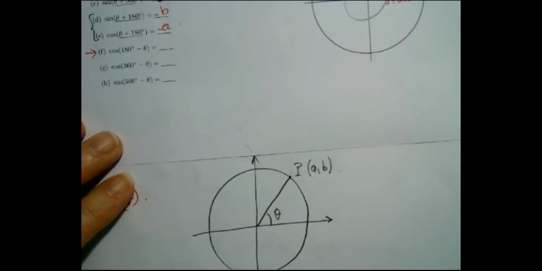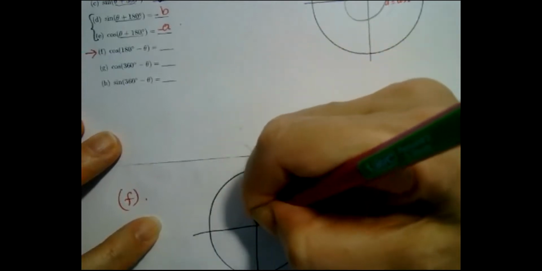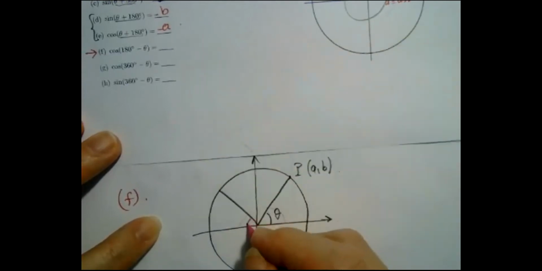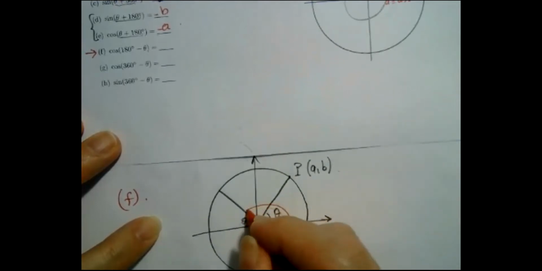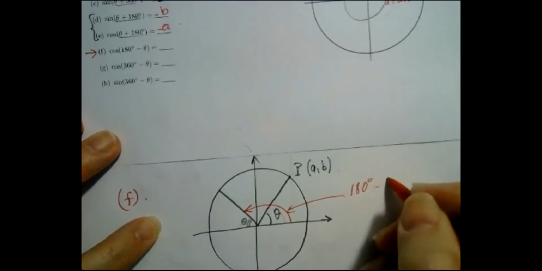Okay, can I see any answers? Anybody got any answer? It's going to be negative. Negative? Speak up, I can't hear you. A. A, absolutely, because what is 180 minus theta? If this is theta, 180 minus theta means you're taking theta here, the same value, and this angle is 180 minus theta.